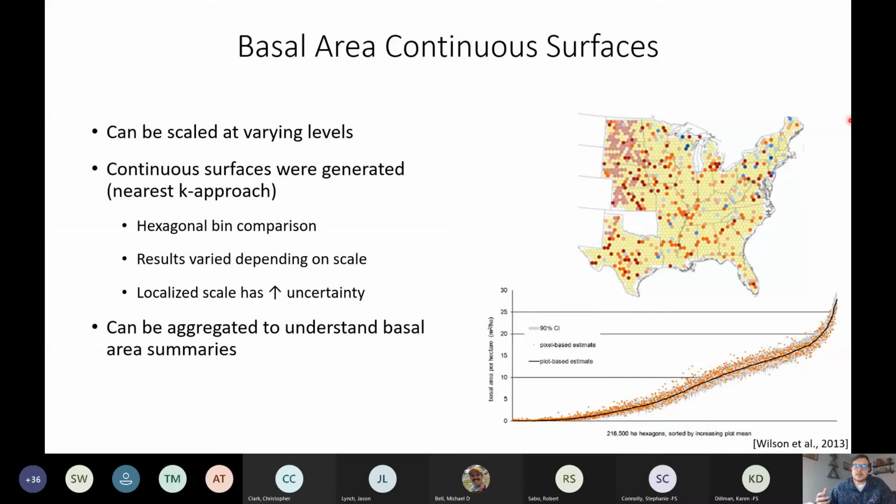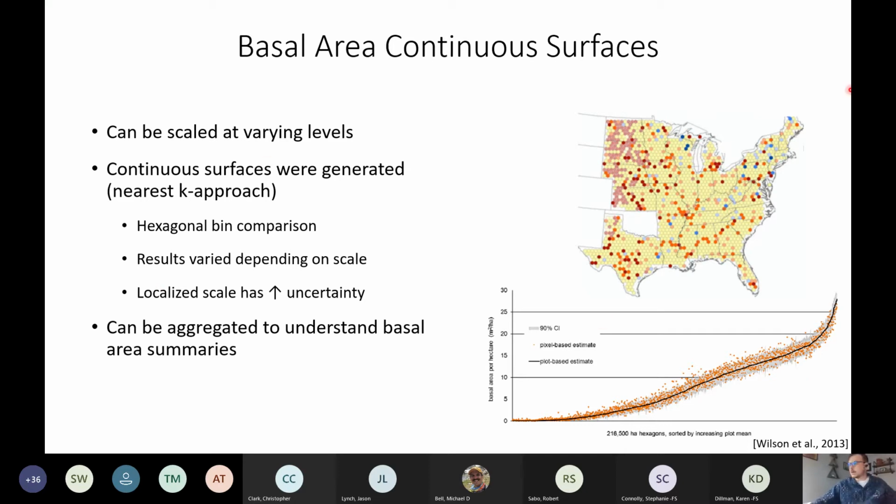And what these created were continuous surfaces of basal area for individual species. And there was QA/QC that was done on these estimates using a hexagonal binning approach. So you can imagine the number that I mentioned is summed within a bin, and then it was compared to this nearest neighbor approach. And there was pretty good agreement.